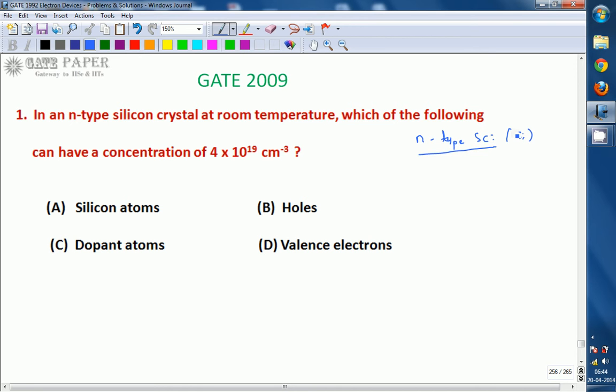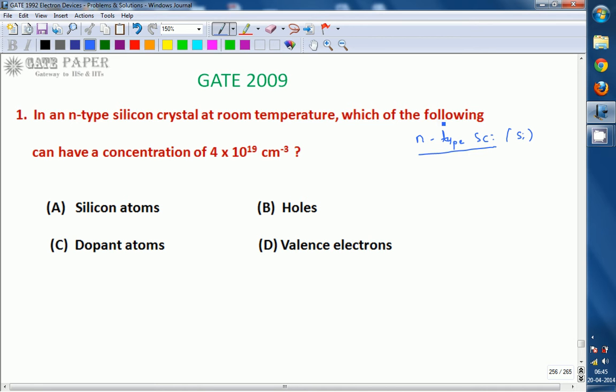Now you add pentavalent atoms which create extra free electrons, so as you increase the doping concentration, more and more electrons are created. By that time it becomes an N-type silicon crystal, and at room temperature the value 4 into 10 power 19 per centimeter cube belongs to which of the four options?